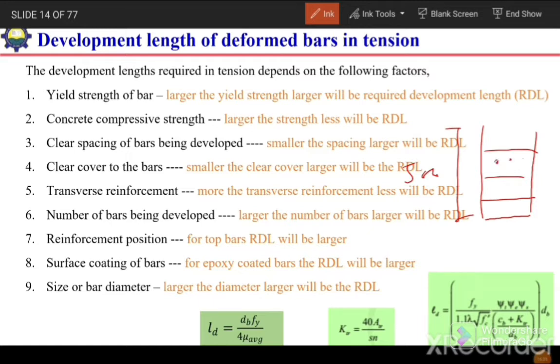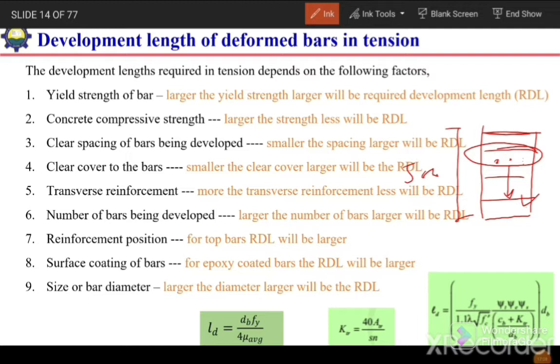The coarse aggregate from the top will move in the downward direction. So in this top portion here, the concrete will have less coarse aggregate and the water will leach up to the top. In that case, the strength of the concrete at the top will be less as compared to the bottom. So the bottom concrete is stronger than the top concrete. This effect increases as the depth of this casting increases.